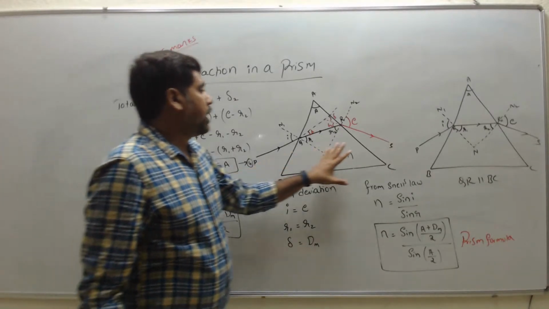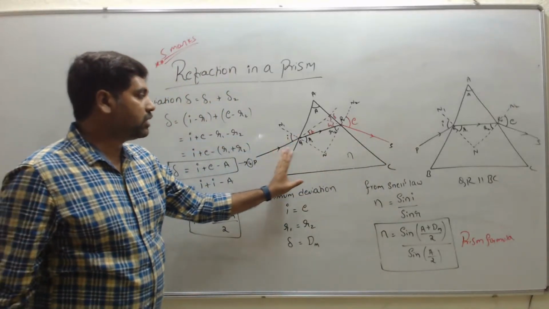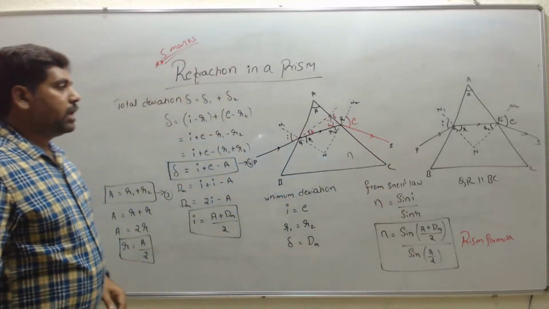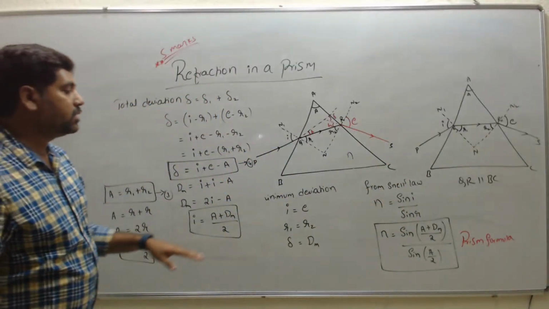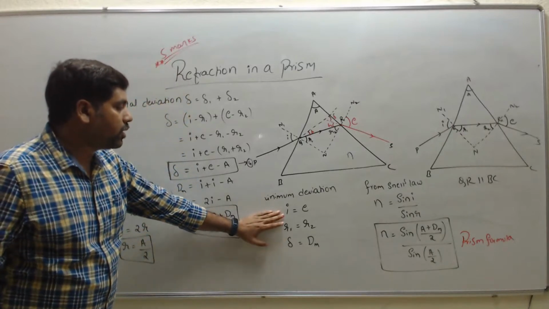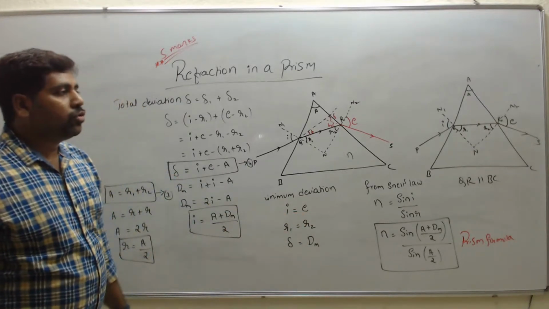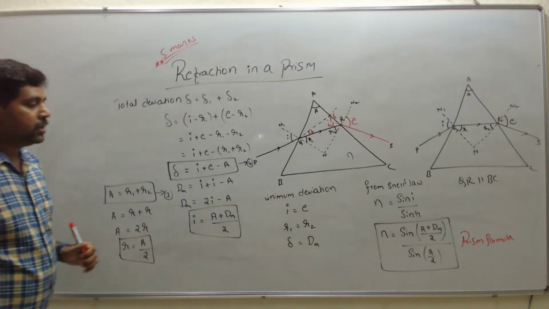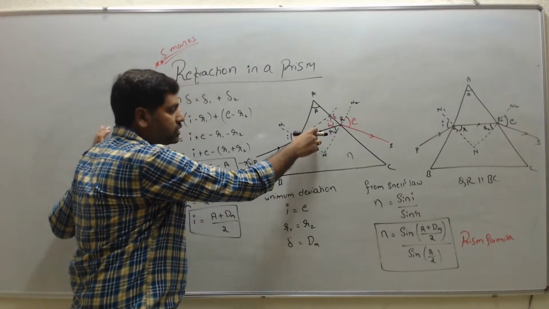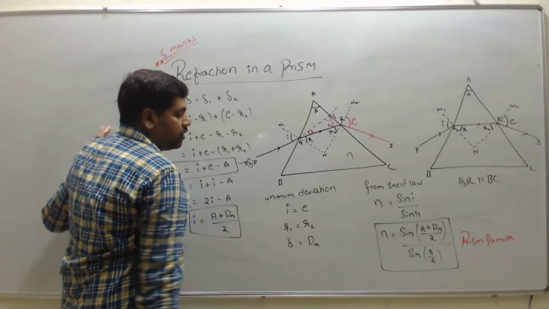If we write any one of the diagrams for the examination, for understanding purpose, I will explain by using the two diagrams. The main thing is the condition for the minimum deviation. The condition for the minimum deviation is that the angle of incidence is equal to the angle of emergence, and the angle of refraction at the first face is equal to the angle of refraction at the second face.